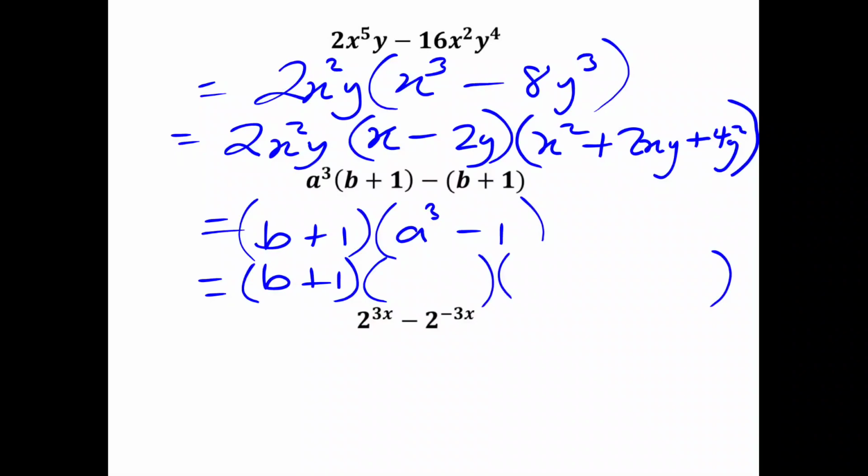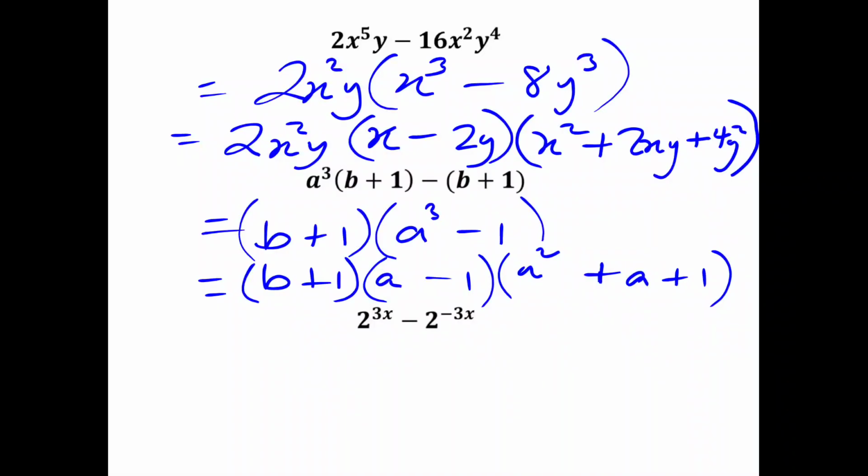The binomial will consist of a, the cube root of a cubed, and 1, the cube root of 1, which is a cube, of course. And then we have a minus, which is retained from the difference of cubes. Now squaring the a, you get a squared, and then a times minus 1 is minus a. Negating that, we have a plus a, and then ultimately plus 1 squared, which is 1. This is our factorization of the one in the middle.